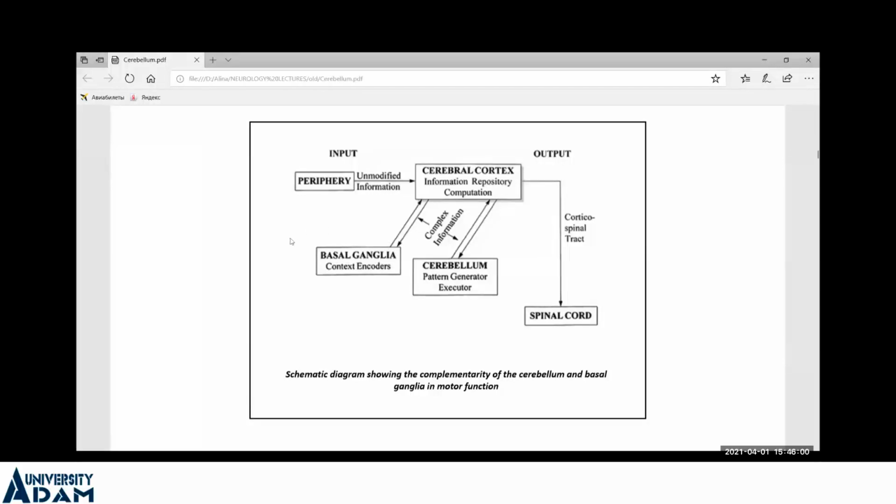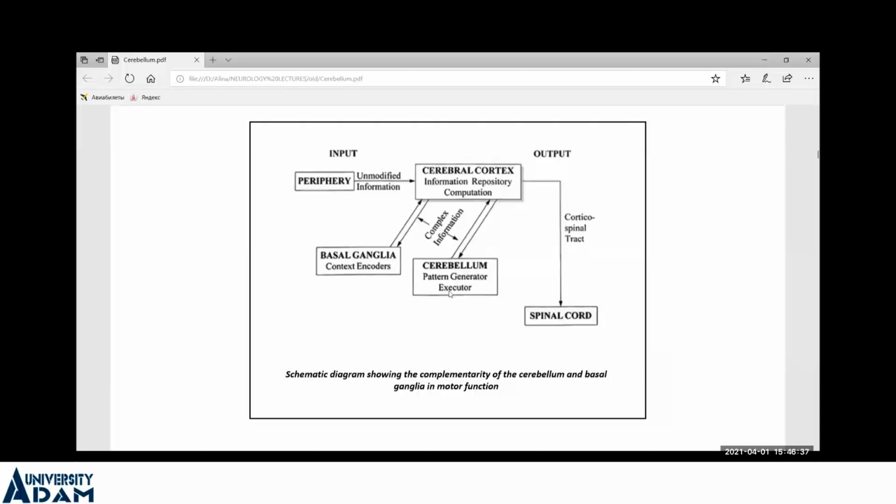So that means that the basal ganglia structures, deep brain nuclei, and the cerebellum have mixed pathways. They receive information and they give information. So we cannot say that the cerebellum and basal ganglia have only input or only output. They have both. Complex information processing happens here. And they are working together.